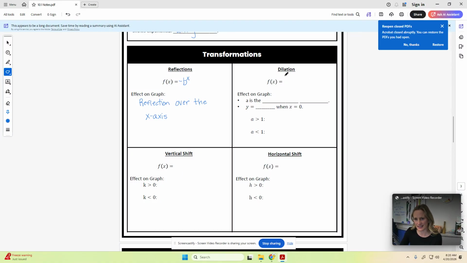We can also have a dilation, and that is when we have a number in front of our parent function being multiplied by it. And the effect that that has on the graph is that a is going to be the initial value or the y-intercept value.